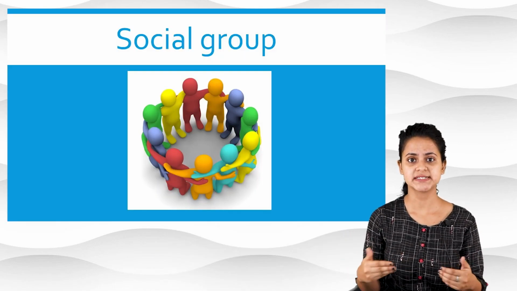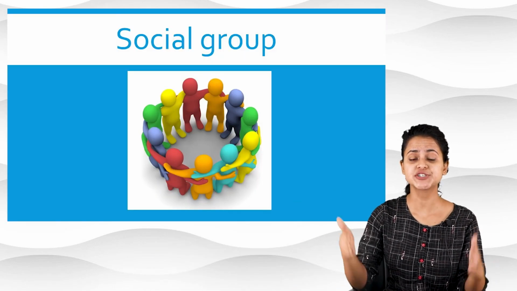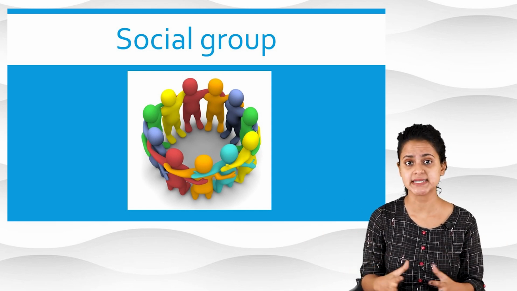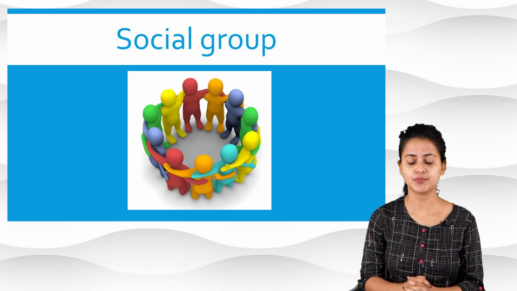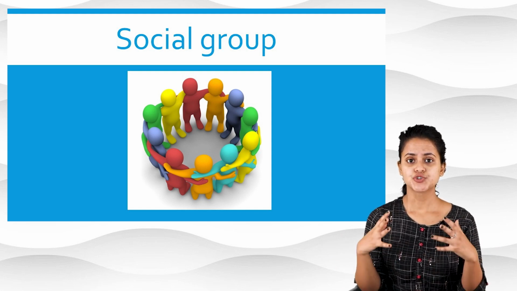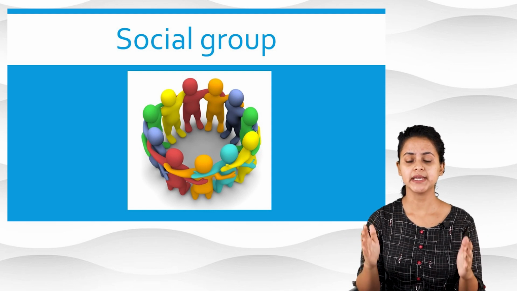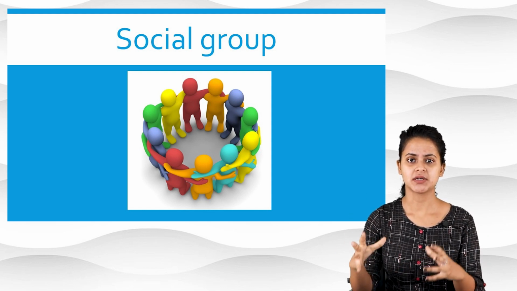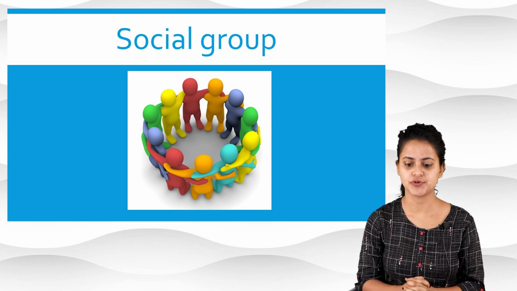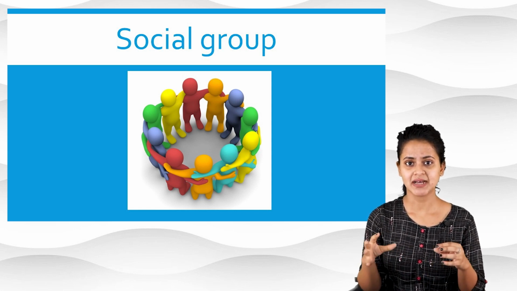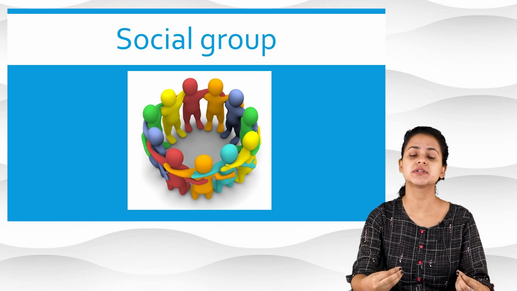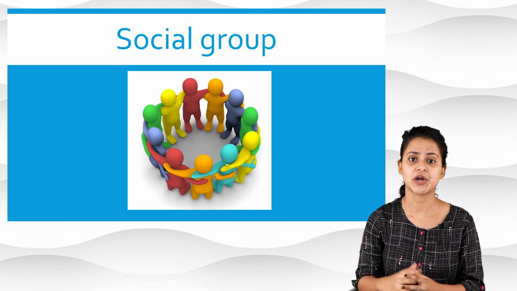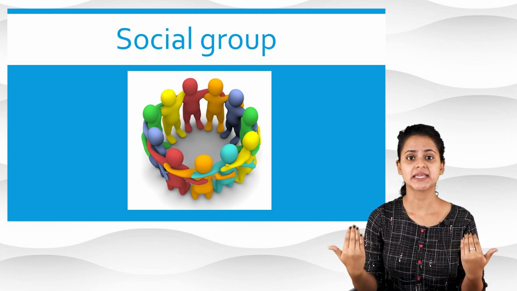Next, we are going to read about how the social group to which the individual belongs also decides the illness behavior for a particular individual. Social group is a very important part of the disease process. Here the client responds to the disease process depending on how much social support they are getting.